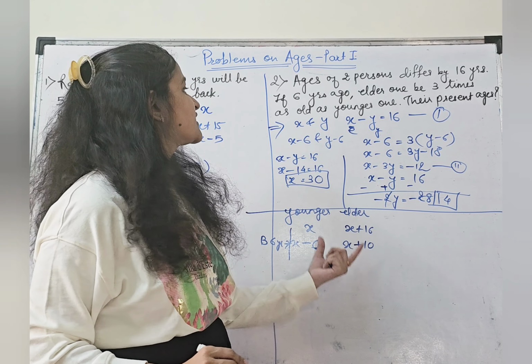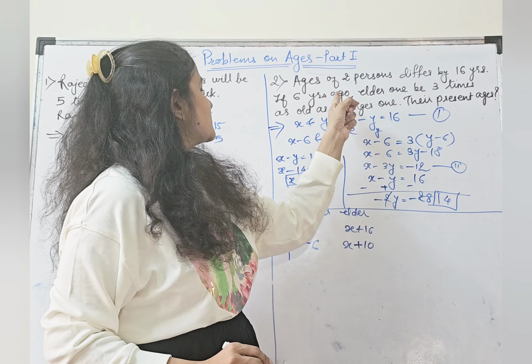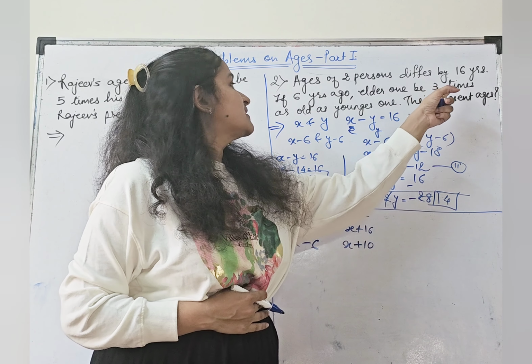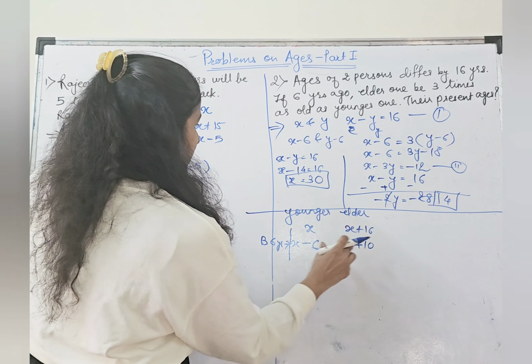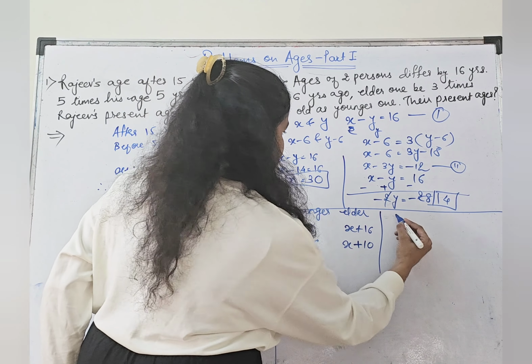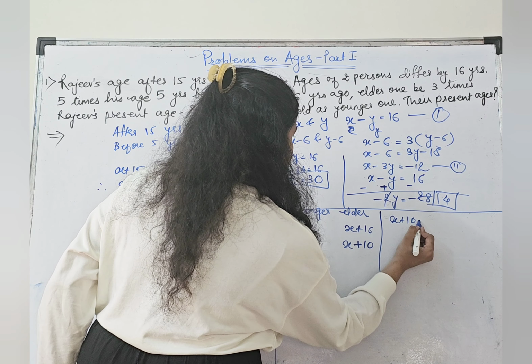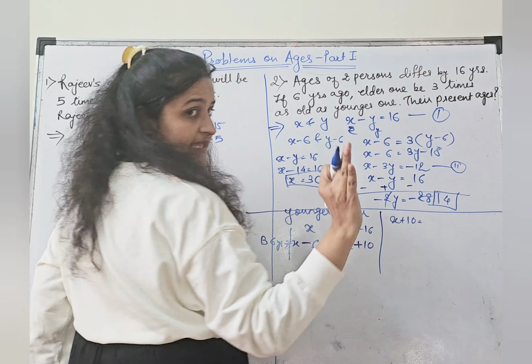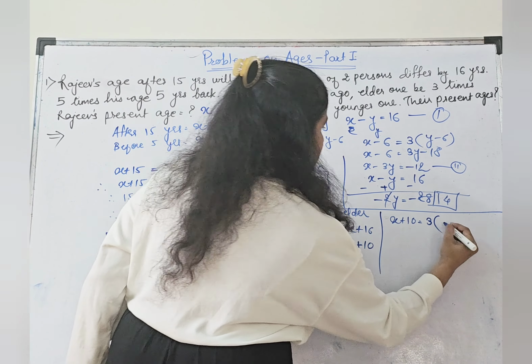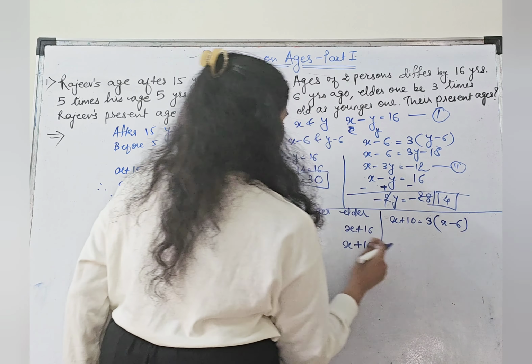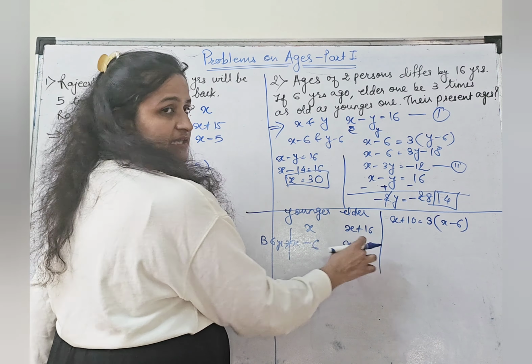So if 6 years ago, elder one be 3 times as old as younger one. So I will write it down here. Elder one is 3 times as old as younger one. Correct? And this is all before 6 years. So we are taking these two.